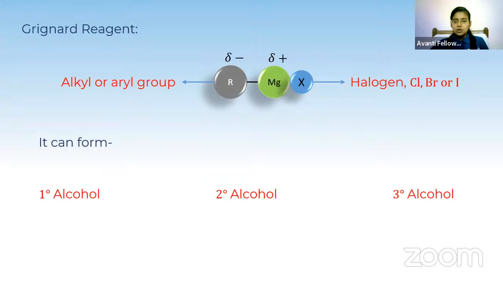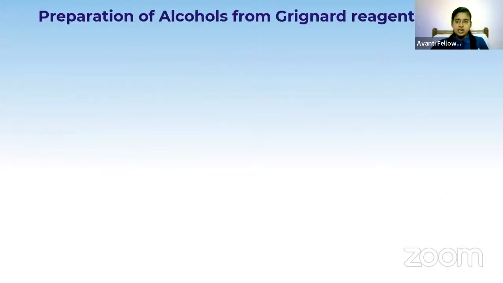Now let's see the reaction. Let me take one compound. We are going to prepare alcohol from Grignard reagents using aldehydes and ketones only. First let me take an aldehyde, which is formaldehyde. Formaldehyde means we have two hydrogens, HCHO. First of all, this has to be treated with Grignard reagent RMgX.